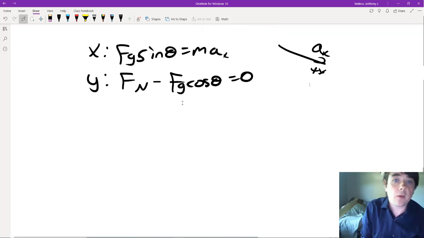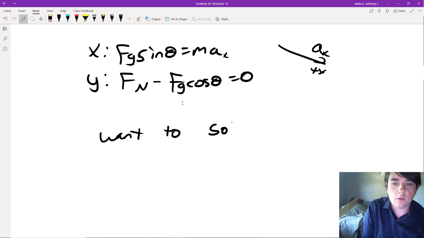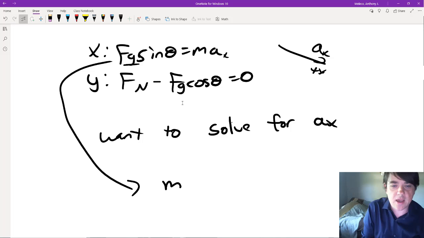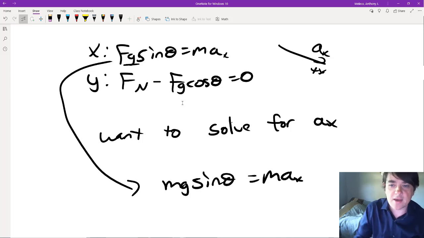Okay, so now we want to solve for the x equation. I'm going to take this and say mg sine theta equals max.